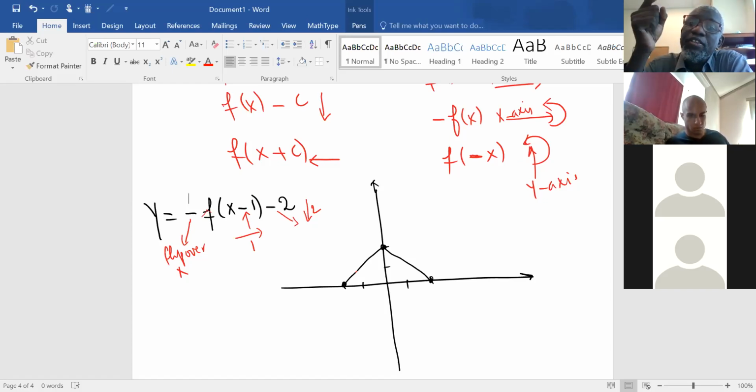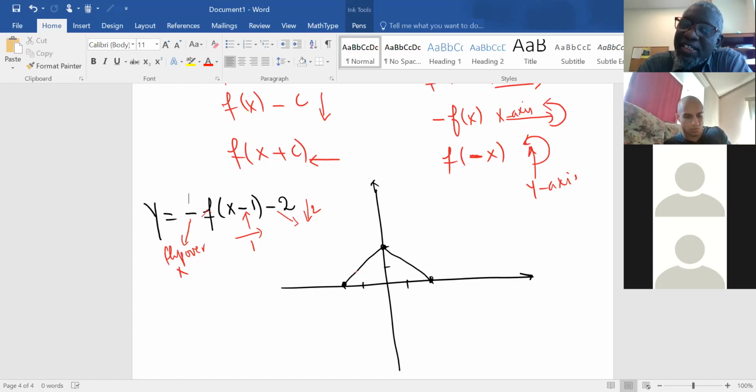But the flipping over the x-axis and the going down, which one has to be done first? They're both vertical. Flipping. Thank you. If you go down and then you flip, that means the flipping will affect the going down.